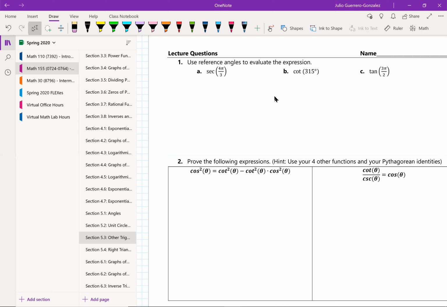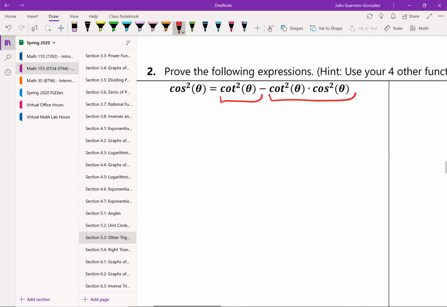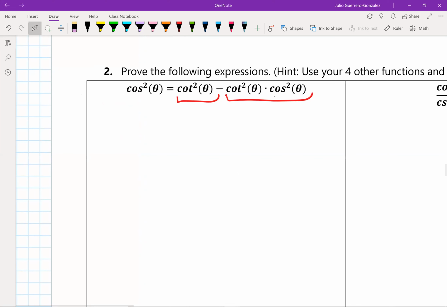So is my screen still sharing? Yep. Okay. So what I'm saying is this. You have 2 terms here, one here and the big one at the tail end. Both of them have cotangent in them.